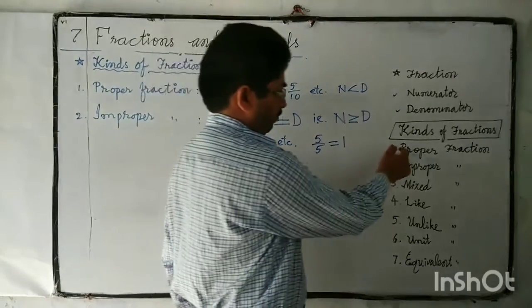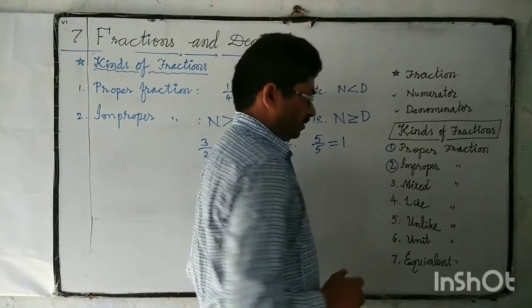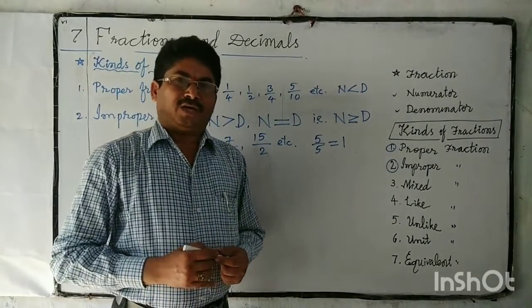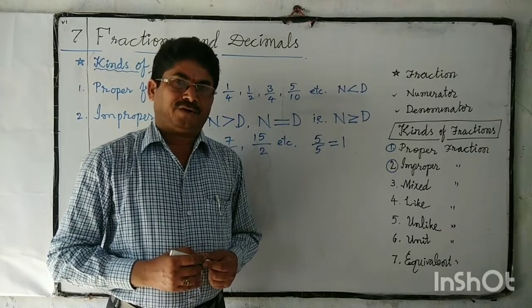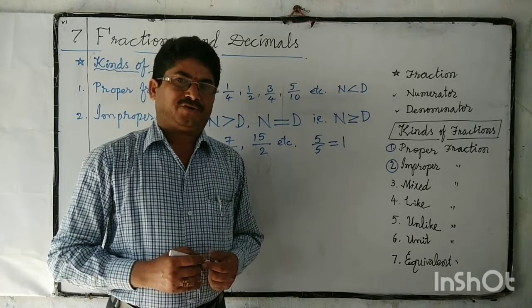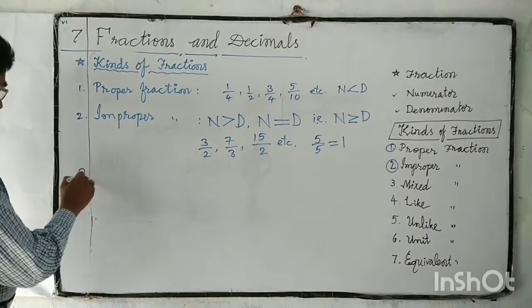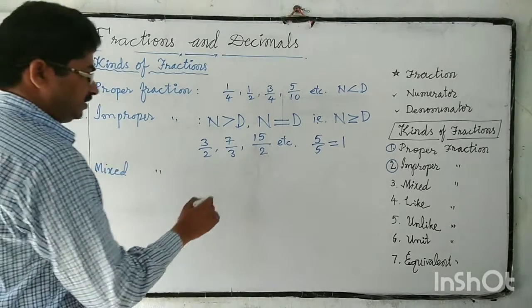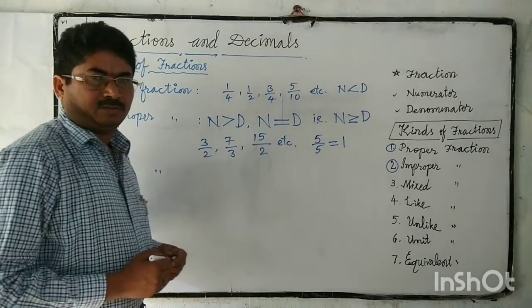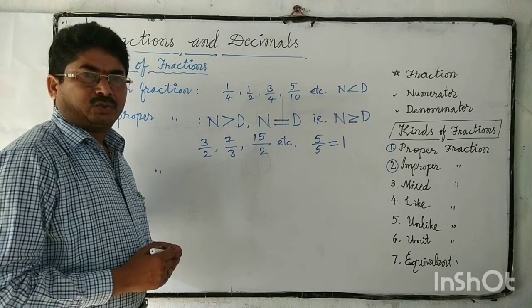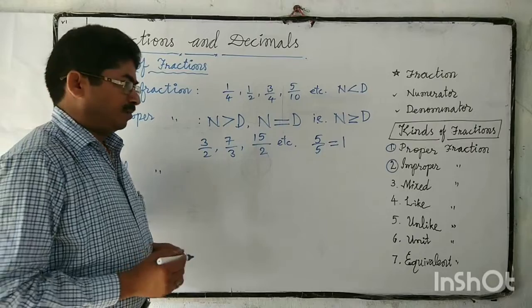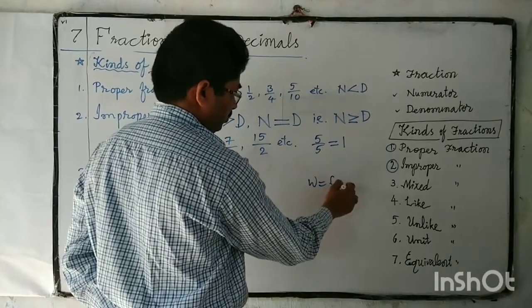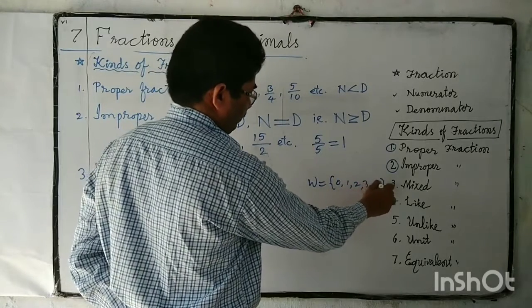Next, what is a mixed fraction? A fraction in which there is a whole number and a proper fraction is called a mixed fraction. For example, we know whole numbers. Natural numbers together with 0 are called whole numbers. Whole numbers W is equal to set of 0, 1, 2, 3 and so on.